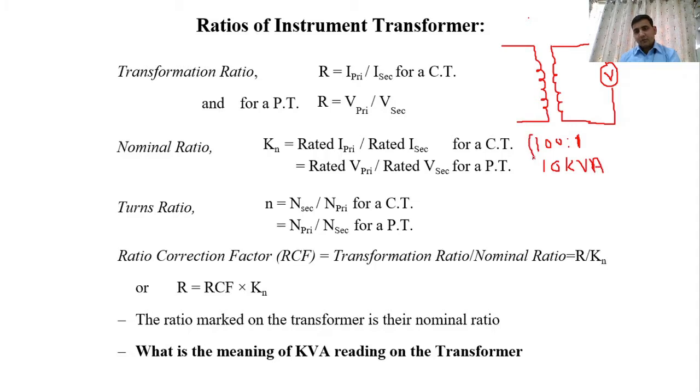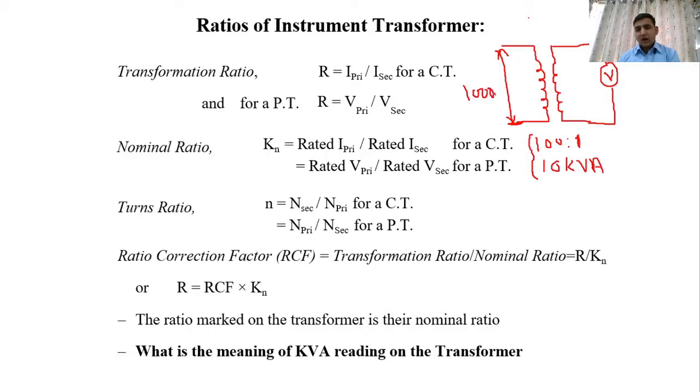Okay. Now assume some line to line voltage in this type of instrument transformer. For the measurement of a voltage it should be 1000 volt.